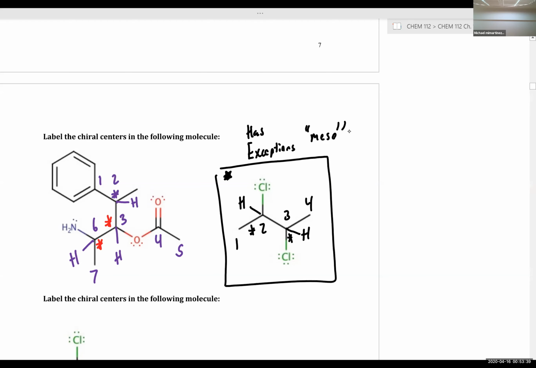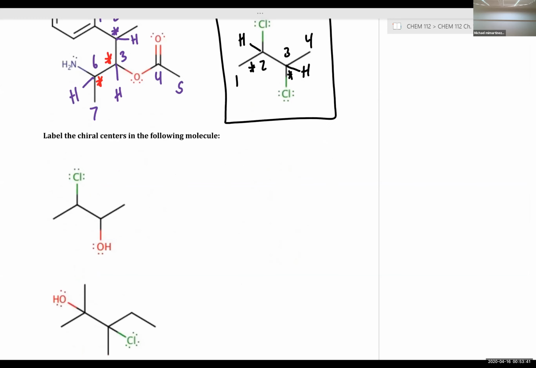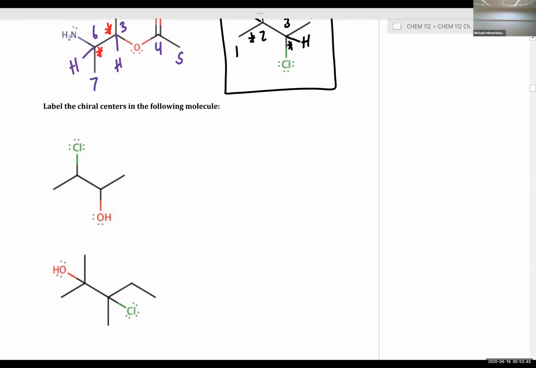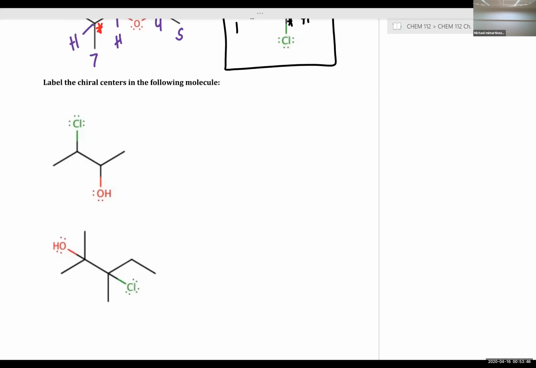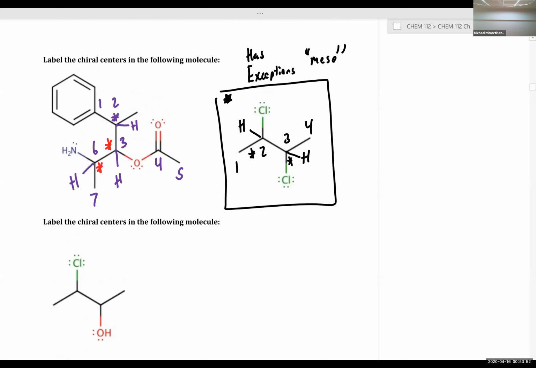Okay, so let's do some more examples. Not necessarily. So if a molecule has a chiral center and it lacks an axis of symmetry, then the molecule itself is chiral.